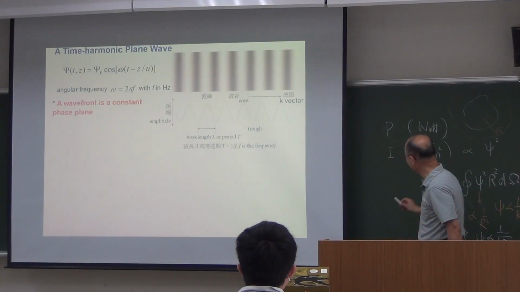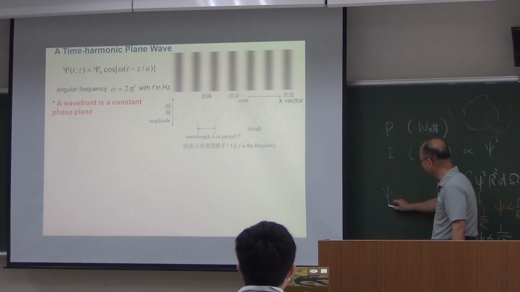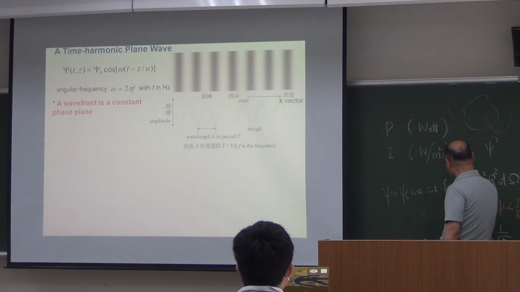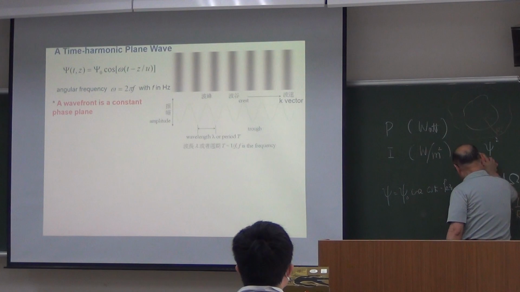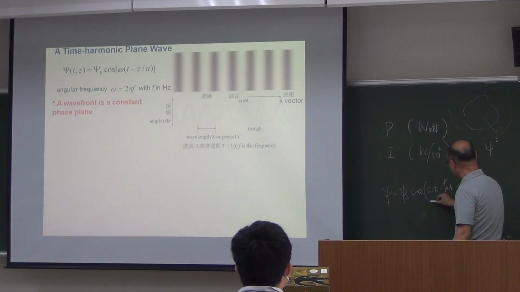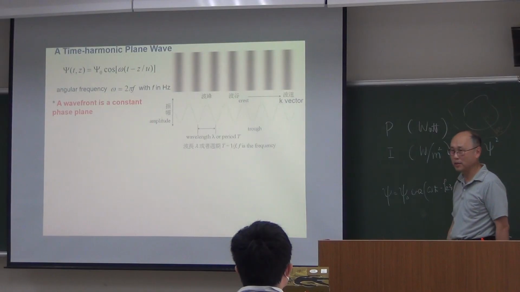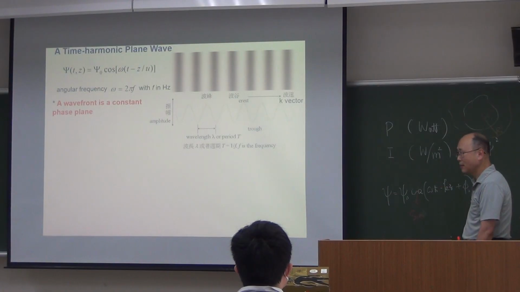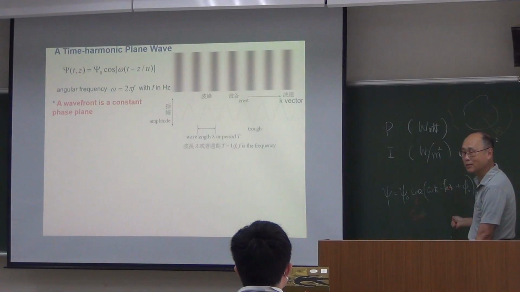For example, some solution with some amplitude, and then cosine of omega t minus kz plus some arbitrary phase to start with. And sometimes people write this as sine. That is okay because time and distance are defined by you.